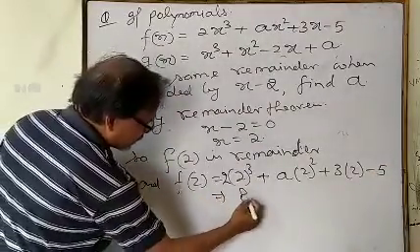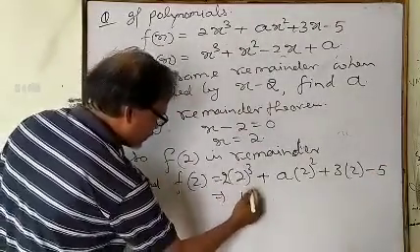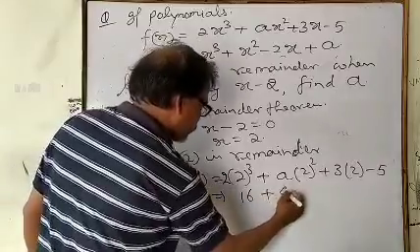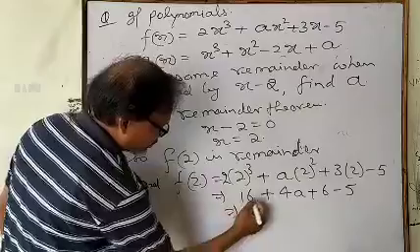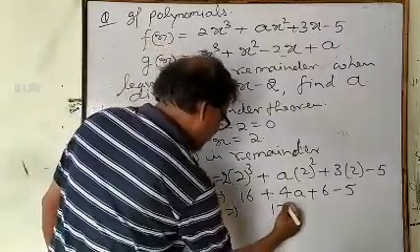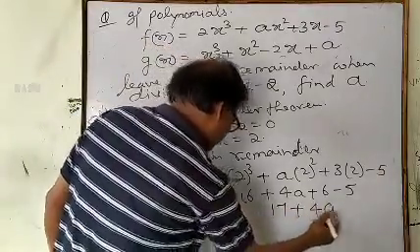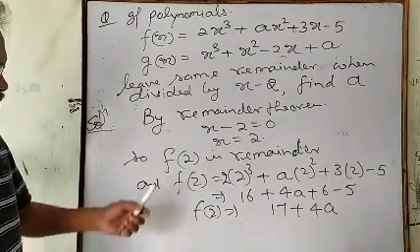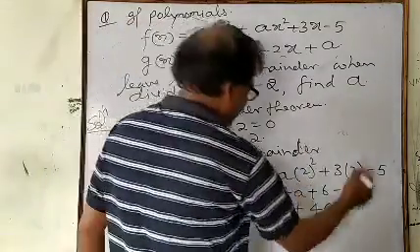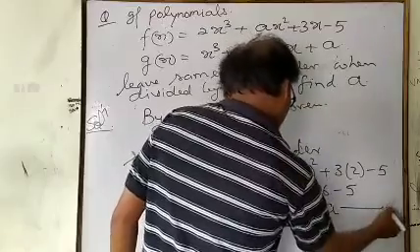Then this will be 16 plus 4a plus 6 minus 5. This is equal to 17 plus 4a. This is f of 2. This is equation number 1.